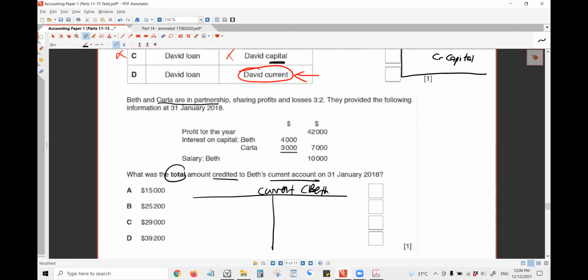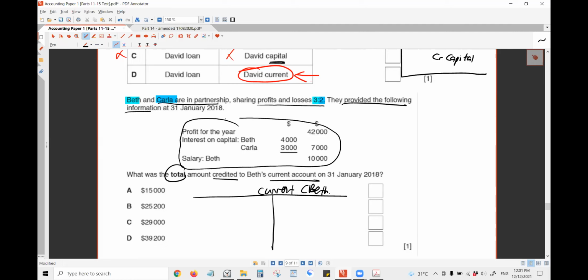They are in partnership, sharing profit and losses 3-2. So based on the question, BEV takes 3, Kala takes 2. Then they provided the following info. What does this look like?